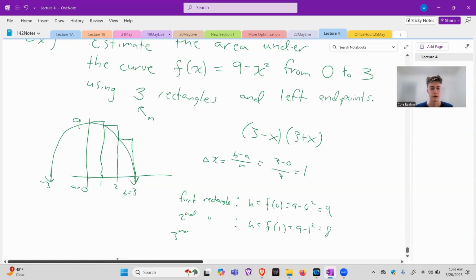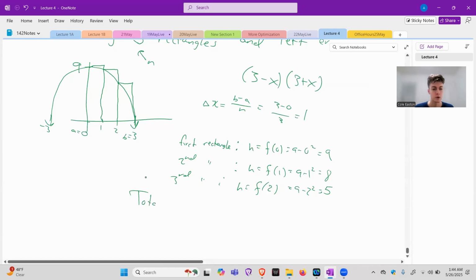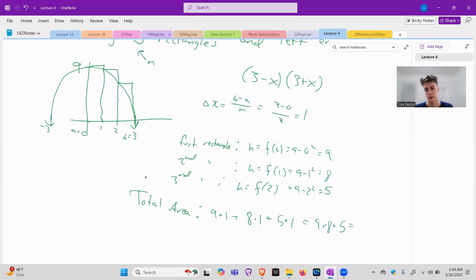And for our third rectangle, our height is f of 2, which is 9 minus 2 squared, which is 5. So the total area is going to be the height times the length of the first rectangle. So that's 9 times 1, plus the area of the second, so 8 times 1, plus the third, 5 times 1. So that's 9 plus 8 plus 5, which is 17 plus 5. So that is going to be 22.